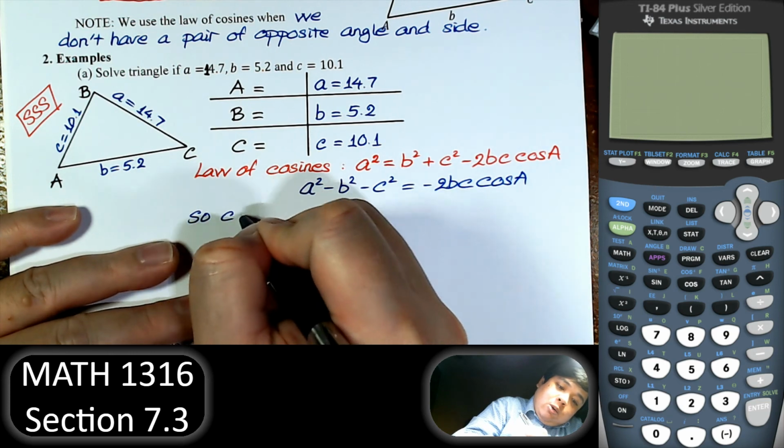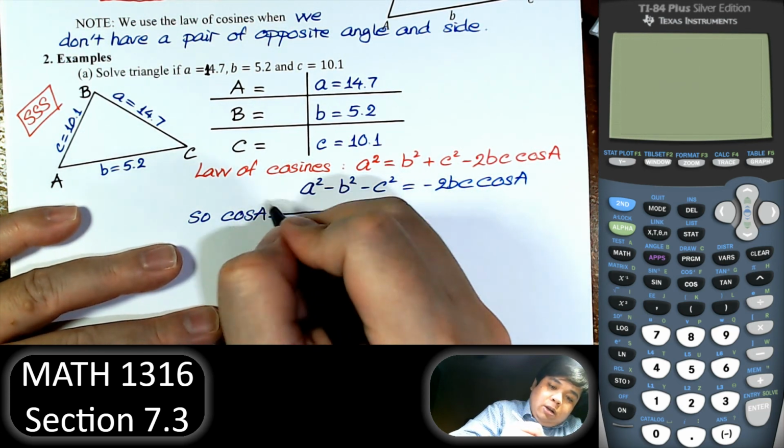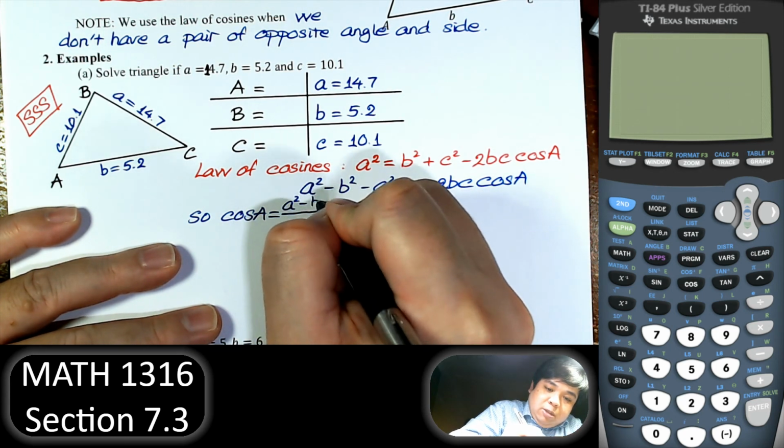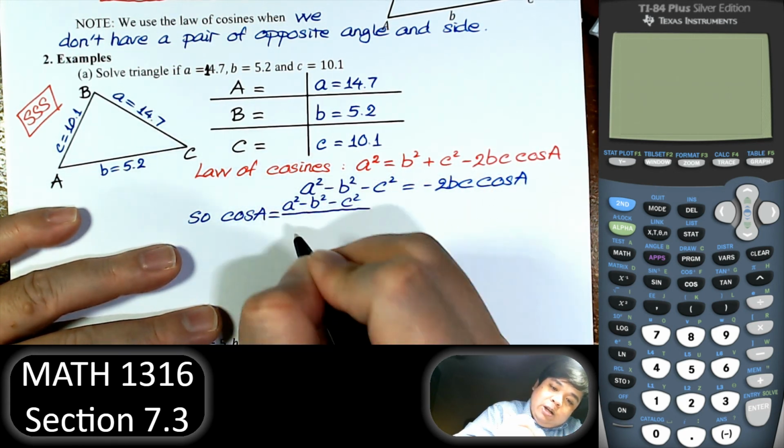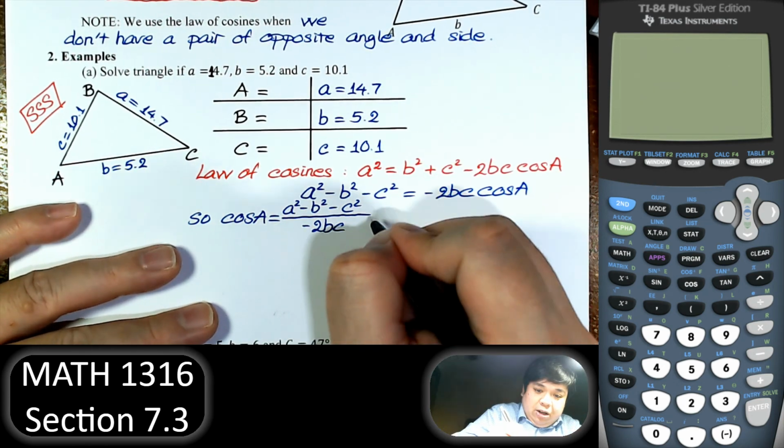So cosine of A is a squared minus b squared minus c squared over negative 2bc.